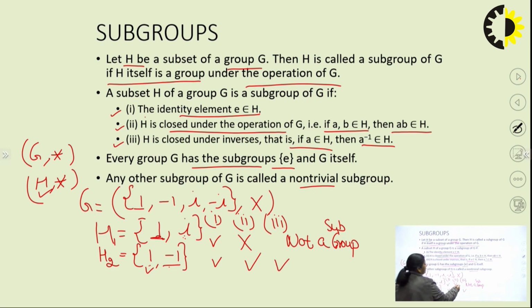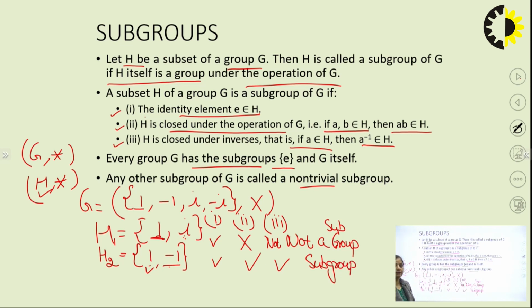In the previous case, we did not calculate this because the second property was false, but now because the second property was true, I tried the third one also. So what I found, all three conditions are true. It means it is a subgroup. It is forming a subgroup.